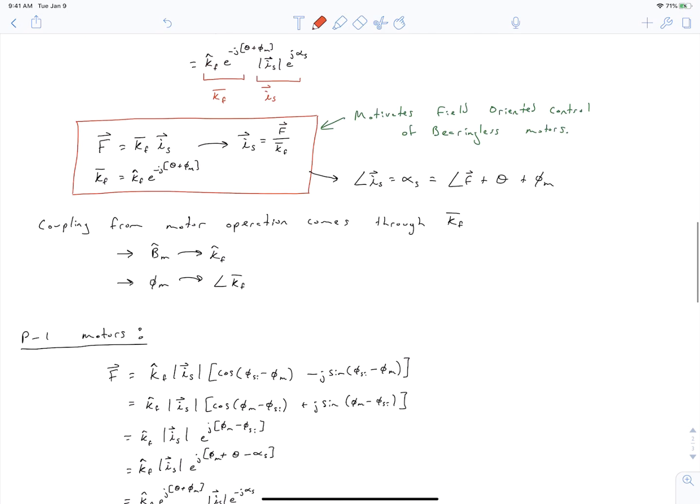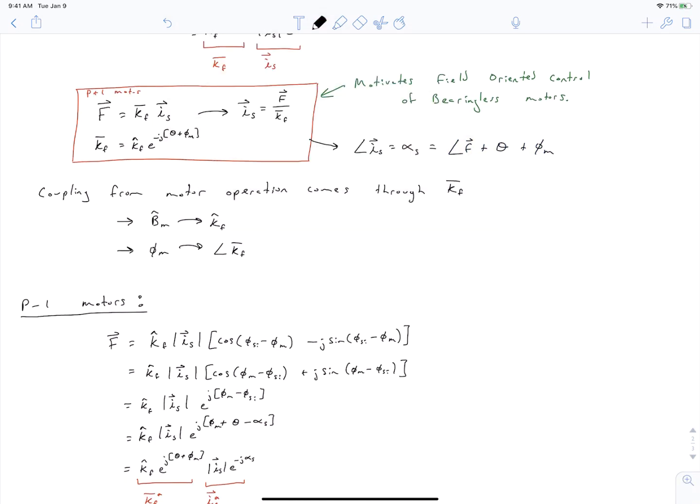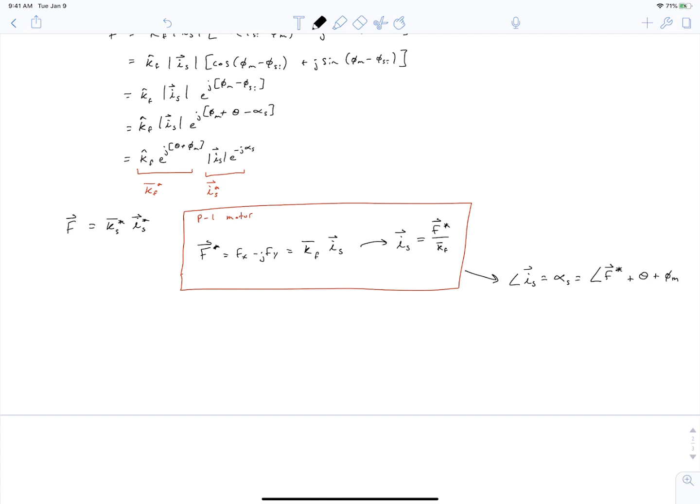And so just as we noted up here what the angle of alpha s is, we can do a similar calculation for the p-1 case. And we get the same expression, except that we have a star, or we have the conjugate of our force vector.